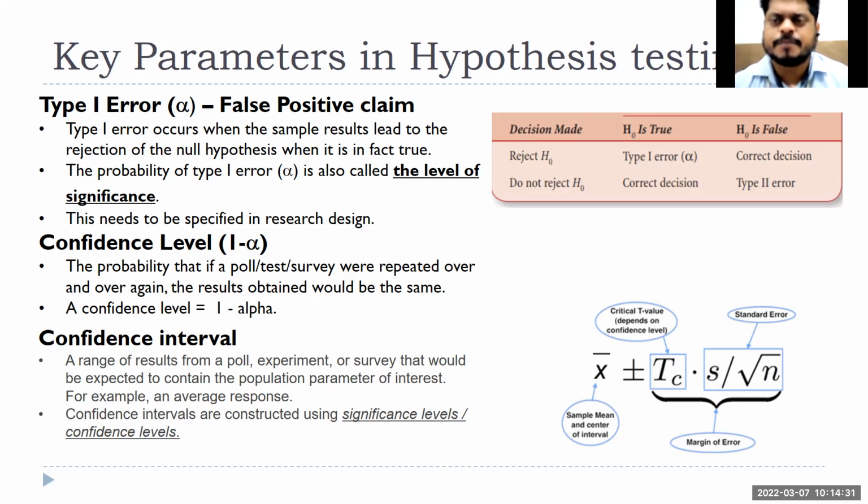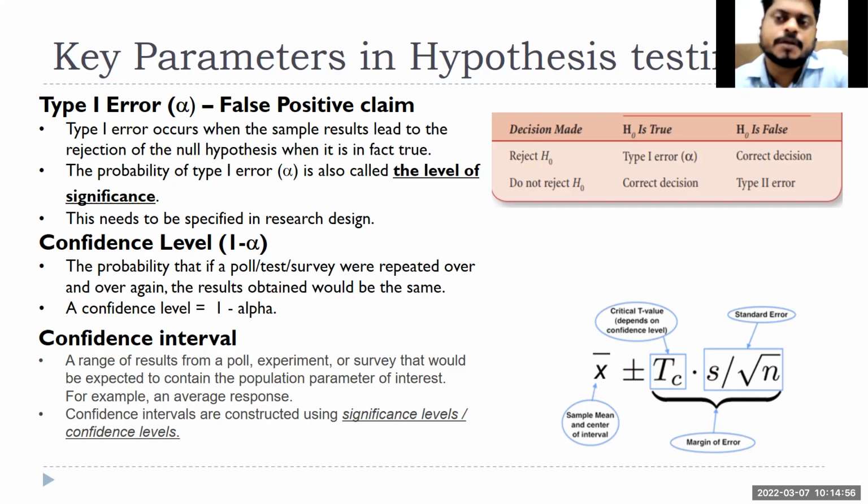You say, I'm pretty confident I'll score 50, 60, 70, or whatever. You are giving that confidence, how confident you are. Similarly, for your research study, how confident you are that you'll get this kind of result. I'm 95% confident, so my confidence level is 95%.